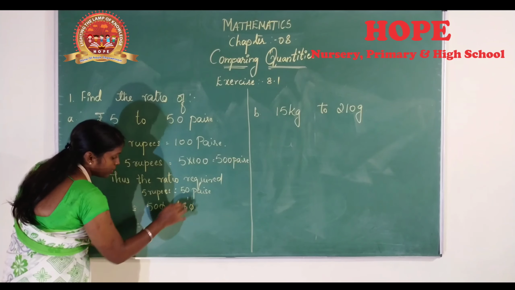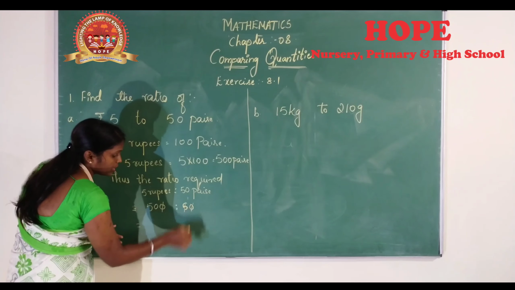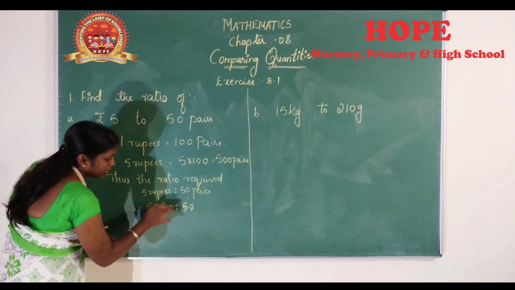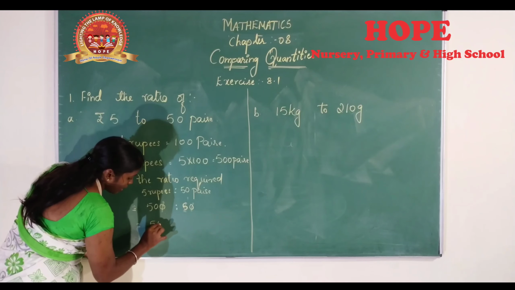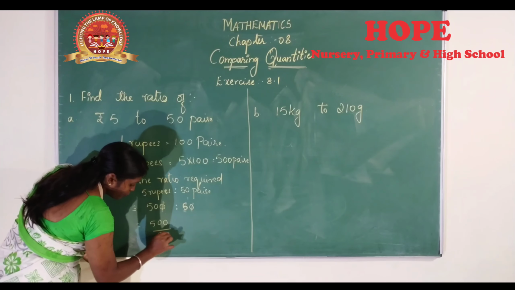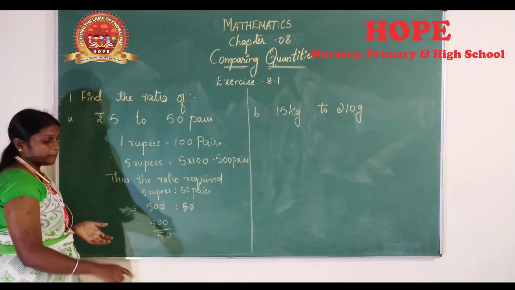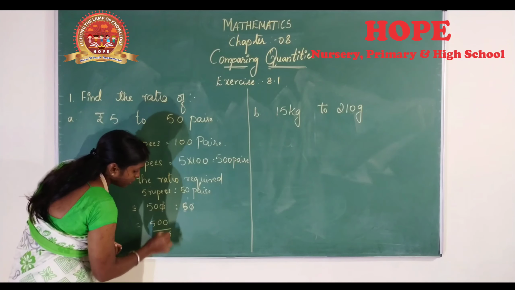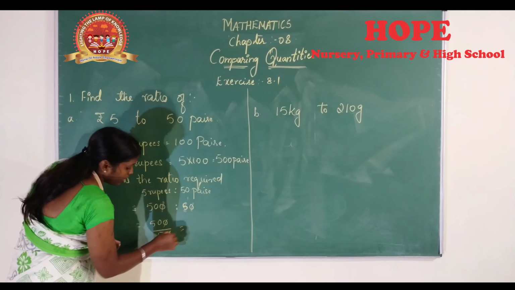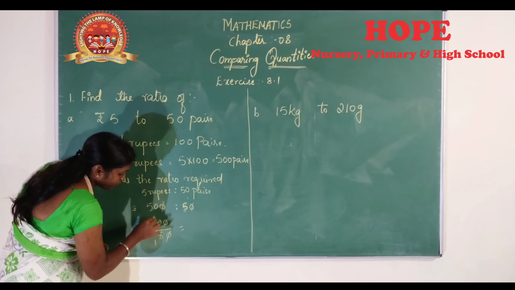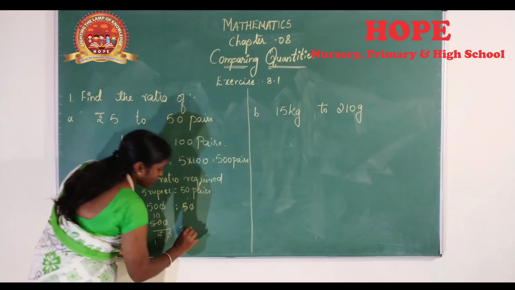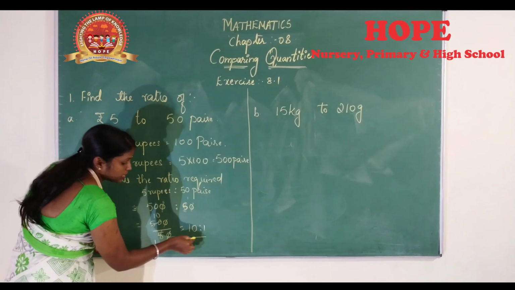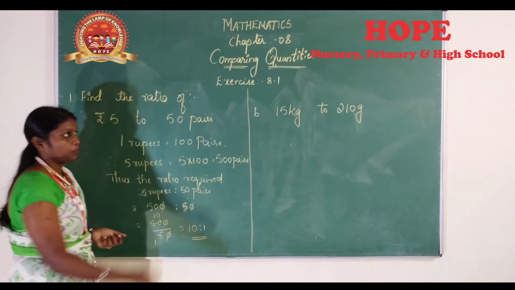You can directly write 500 by 50, which makes the calculation easier. 0 and 0 cancel out. 5 ones are 5, 5 tens are 50. So the ratio we get is 10 is to 1. This is how we find the ratio in money.